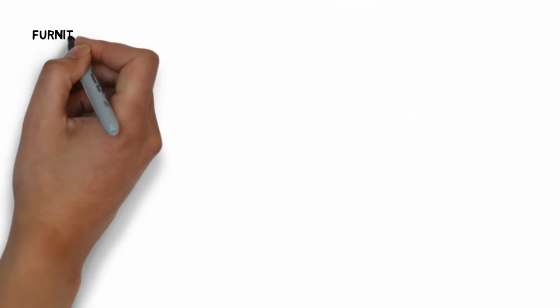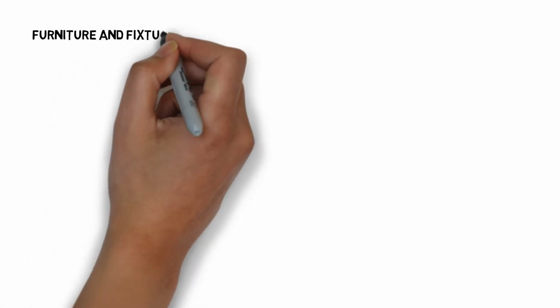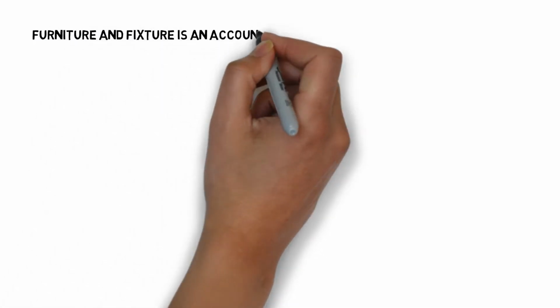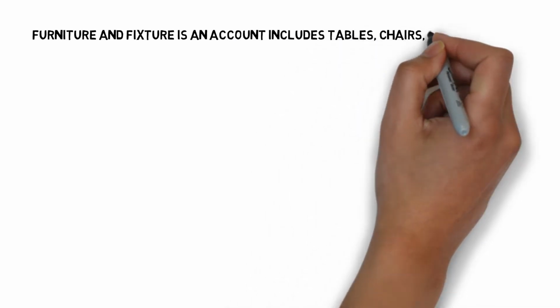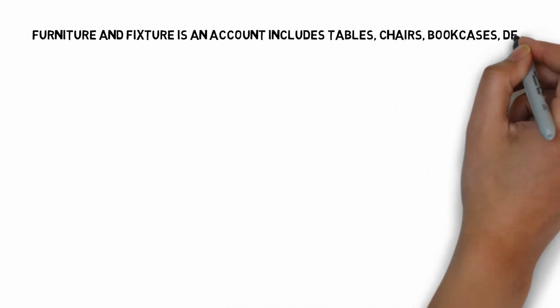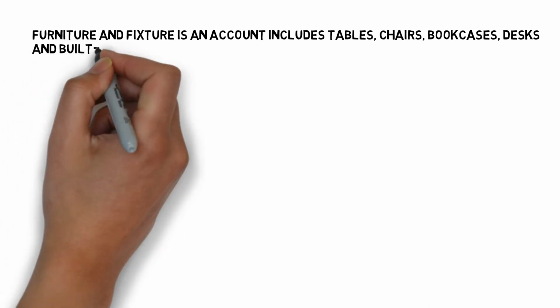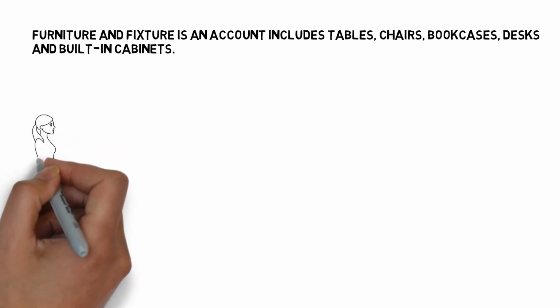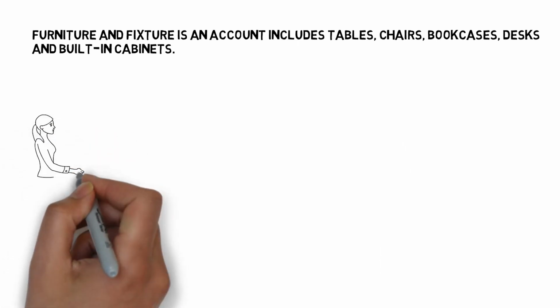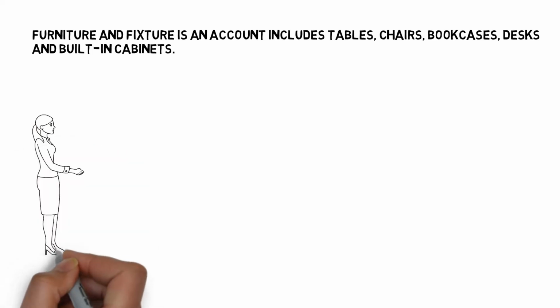The fourth accounting term is furniture and fixture. This account includes tables, chairs, bookcases, desks, and built-in cabinets. To illustrate, let's say Miss Santos will build her salon business.